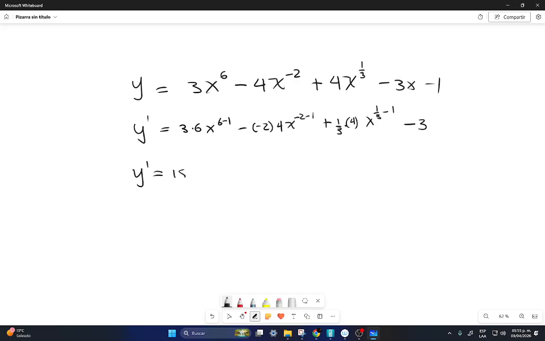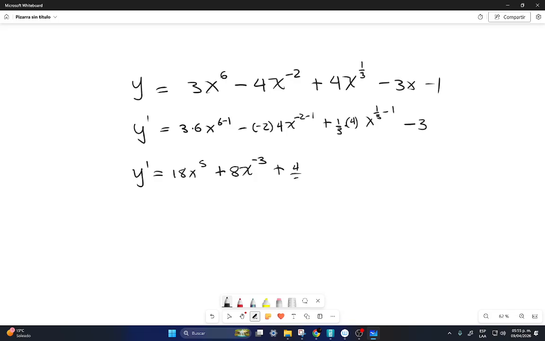So it's 18x^5. So what happens here? Negative 2 times 4 is negative 8. But minus a negative is just plus 8x^(-3), plus 4/3, which is the product of 1/3 times 4.